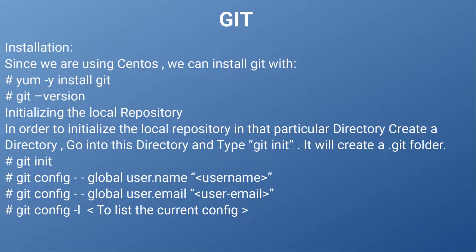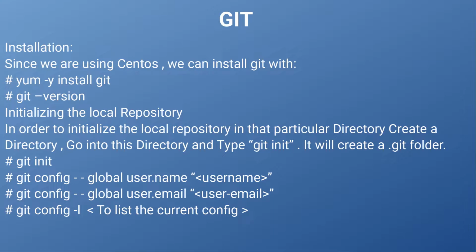Okay, and initializing is very simple with the git init command, and you have to initialize it in the directory. So if you initialize in a specific directory, Git will be initialized in that specific directory.